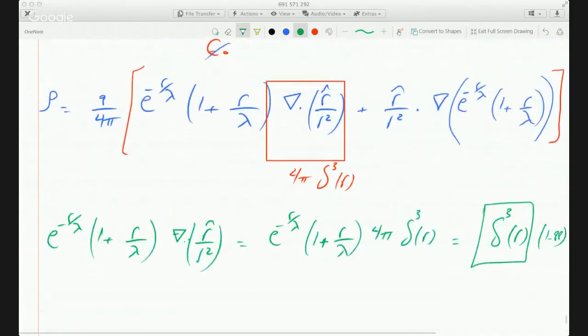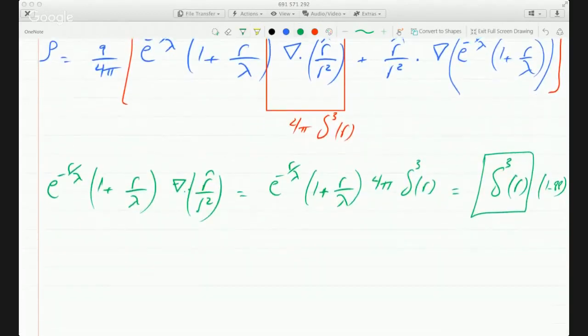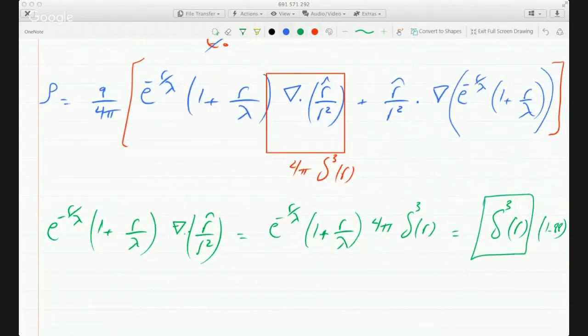Now for the rest, let me take the gradient.